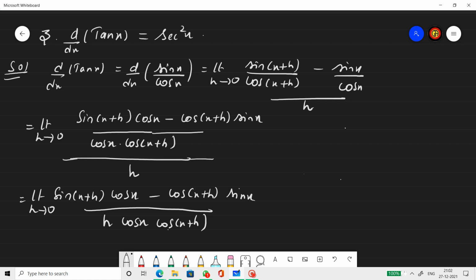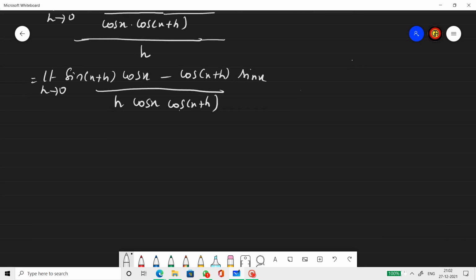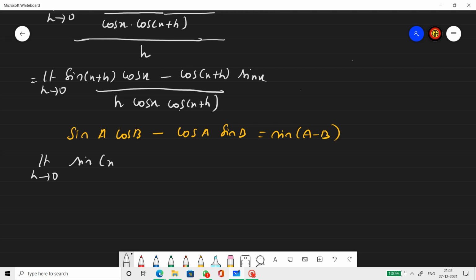Now the numerator is in the form of sine A cos B minus cos A sin B, which is sine of A minus B. So the numerator now becomes limit h tending to 0 sine of x plus h minus x, whole divided by h into cos x into cos of x plus h.